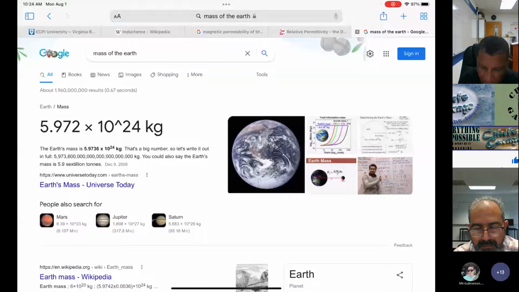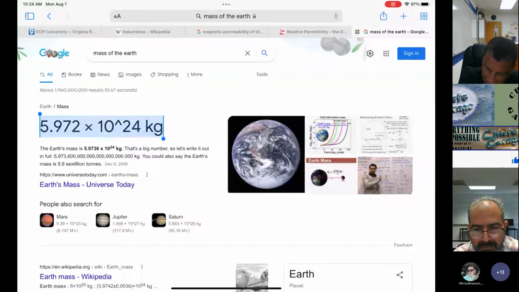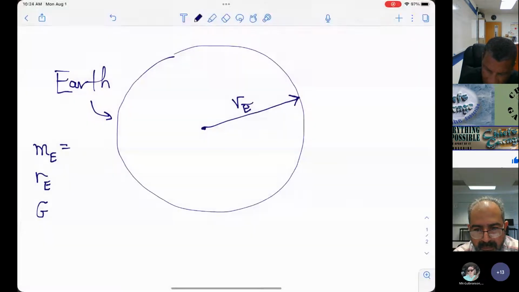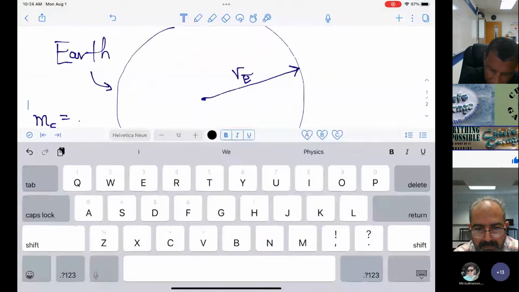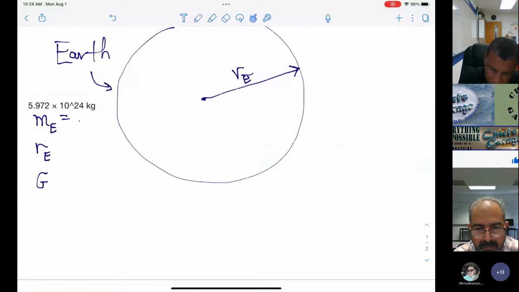So right here, we have ourselves a little picture here, it is what, 5.97. I copy that. Copy. And I'll just go back here and see if I can paste that. All right, so I'm able to paste it.